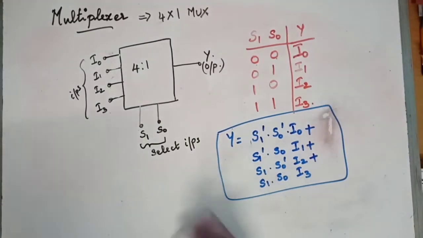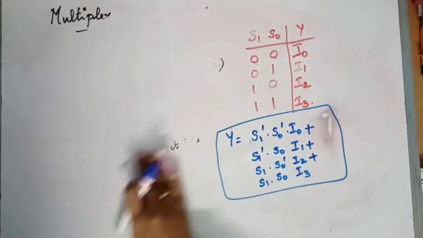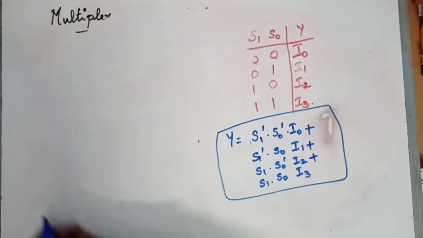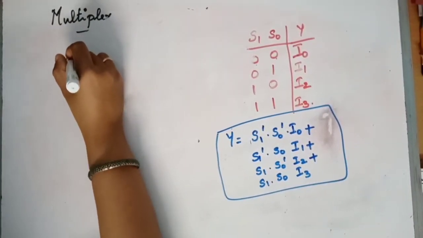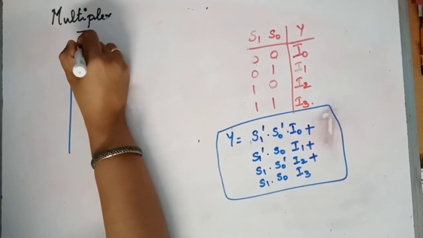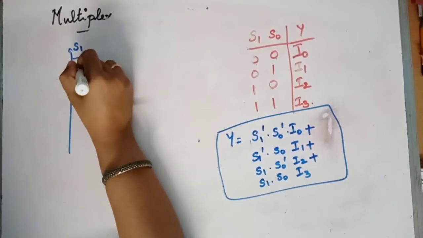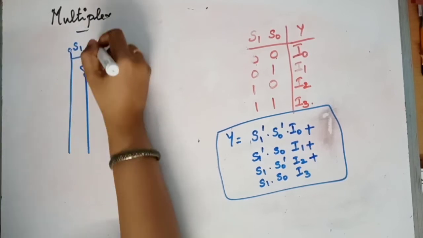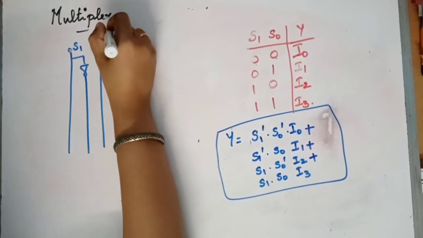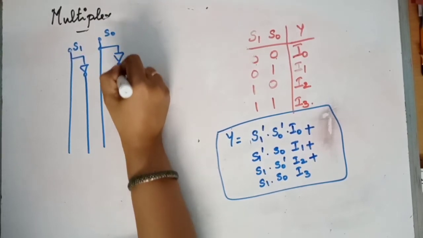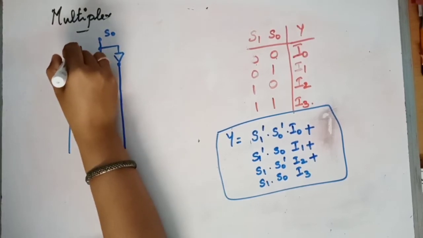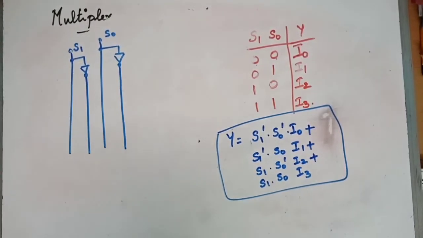So now I'll have to draw a 4 by 1 mux. This is my S1. I need S1 bar, S0, S0 bar. So S1 bar, S0 bar, I0.